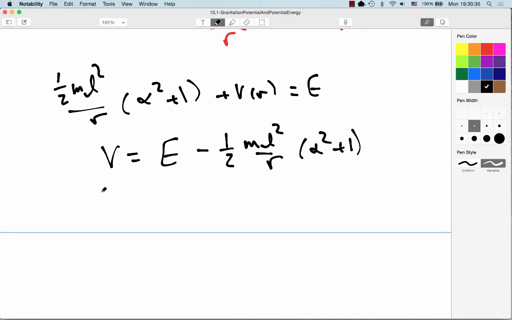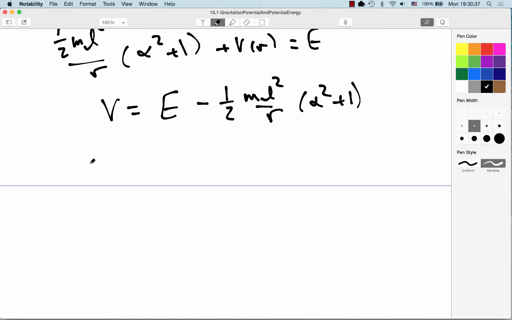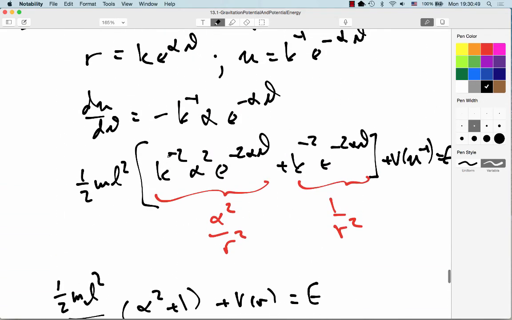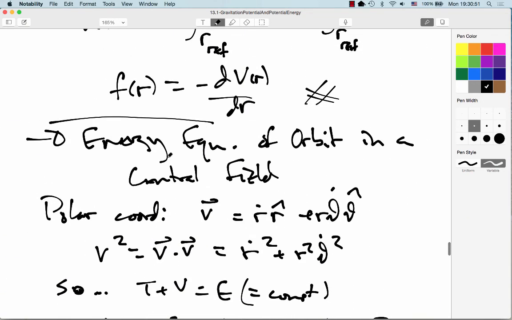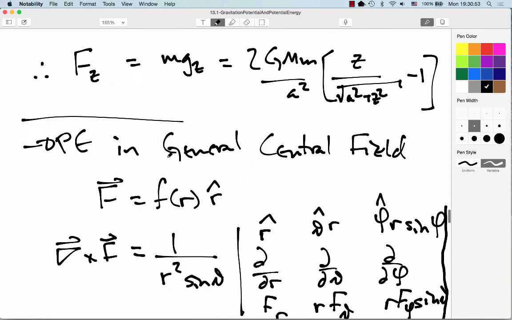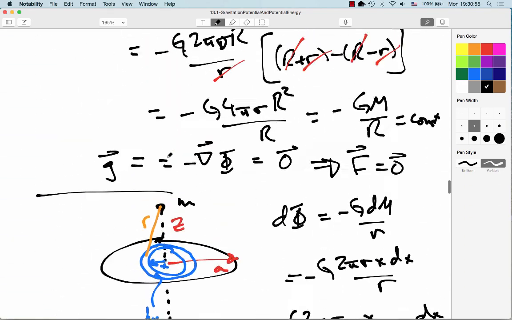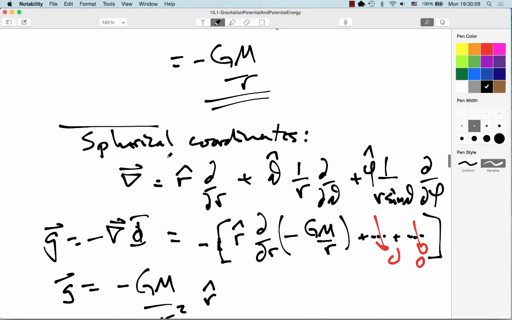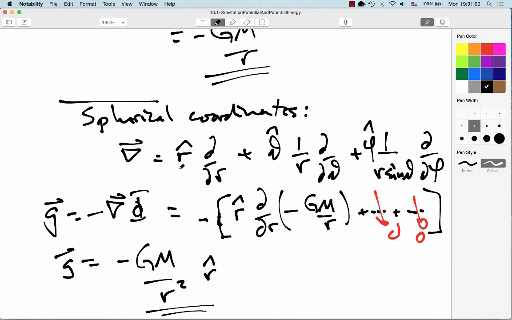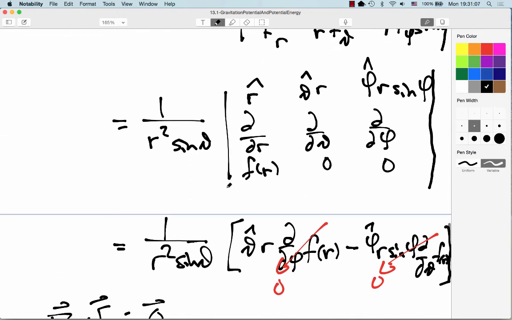So our force will be equal to the negative gradient of V. Remembering our rules for the gradient in spherical coordinates, since we only have a function of r here, we're just going to have the r hat d/dr, and the other parts don't matter.